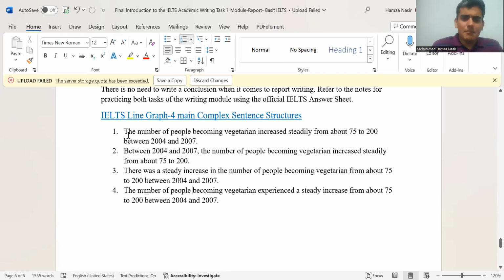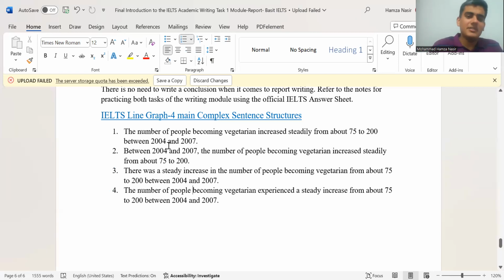I'm just going to give you some examples, and then you can do some more practice yourself. The first example, the number of people becoming vegetarian increased steadily from about 75 to 200 between 2004 and 2007. Second example, between 2004 and 2007, the number of people becoming vegetarian increased steadily from about 75 to 200.